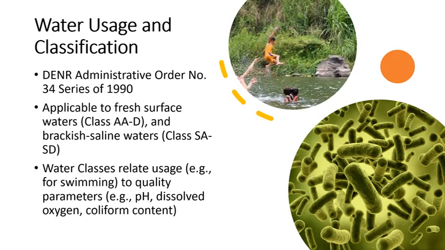Each water class has corresponding water quality parameters like pH, dissolved oxygen, and coliform content. Coliform is a bacteria that mostly comes from sewage, as pictured on your bottom right.